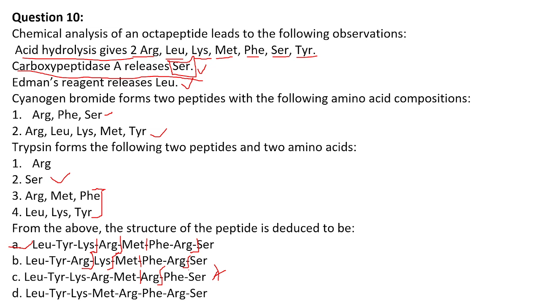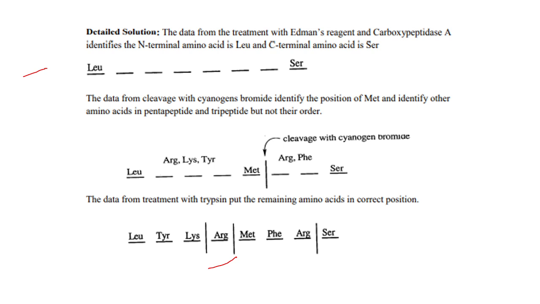Next, it is saying cyanogen bromide forms two peptides with the following amino acid composition: arginine, phenylalanine, serine, and arginine, leucine, lysine, methionine, and tyrosine. So what does cyanogen bromide do? It cleaves at the C terminus of methionine.